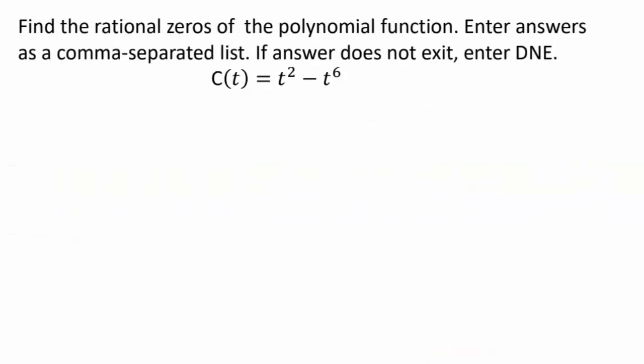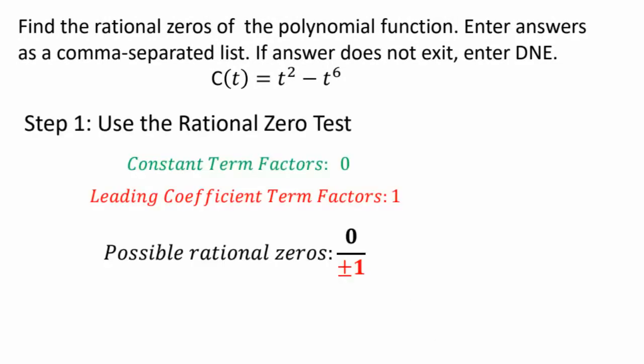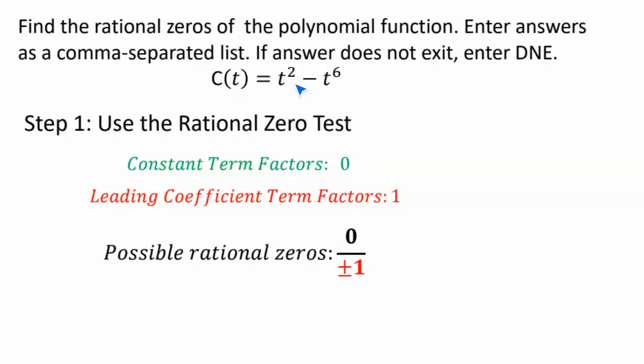So let's try another one. So we have t squared minus t to the 6. And again, there are other ways to solve this polynomial, okay? So one of the things you could do here, for example, is factor out a t squared and go that method, right?